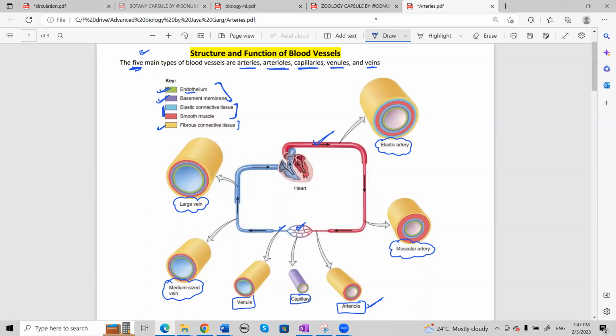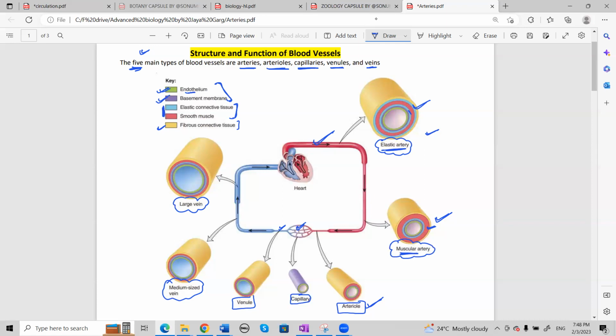Now, if you focus on the diagram, you can understand that in the muscular artery, smooth muscle is more. See the red color, smooth muscle is more. But in the case of the elastic artery, you can see elastic fiber is more, blue color. Okay? That is why the name is elastic artery, because here elastic connective tissue is more. It is a muscular artery because here the muscles are more.